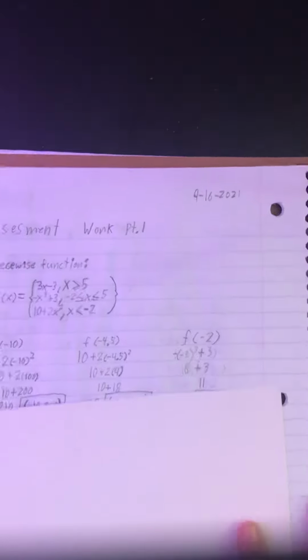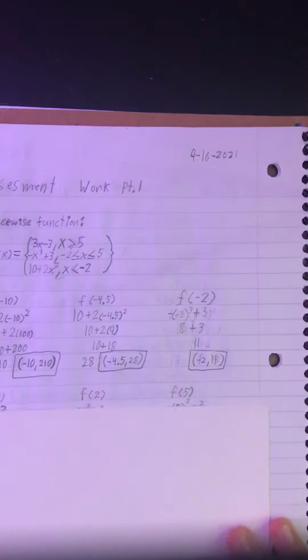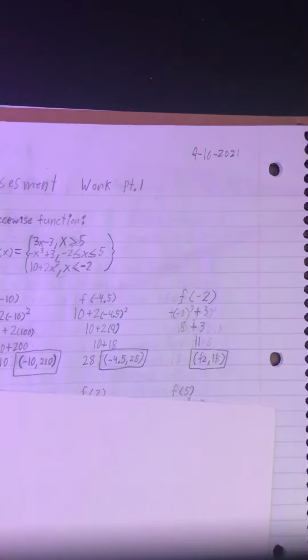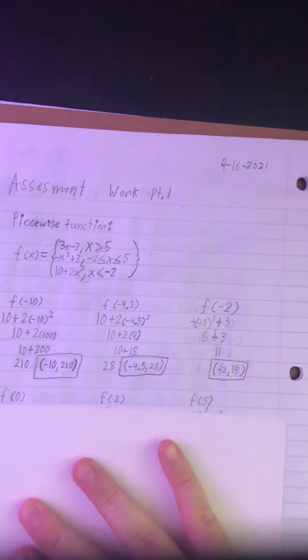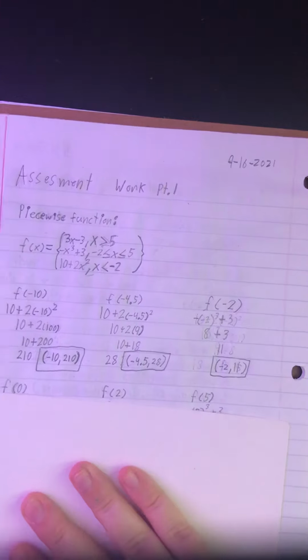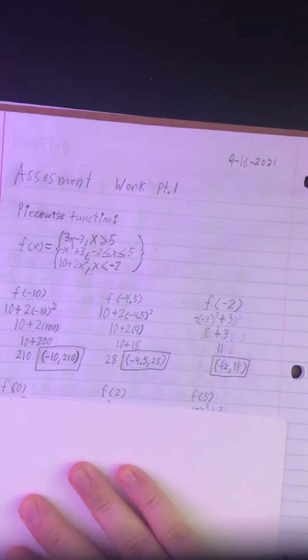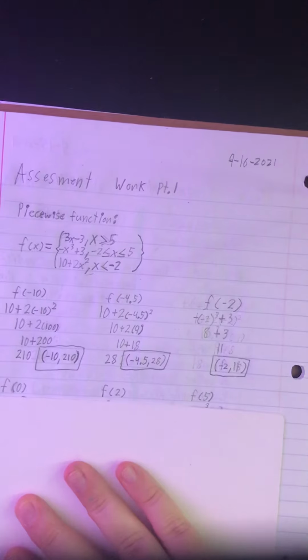Looking at our next x value, we have f of 0. So 0 is not greater than 5. 0 is not less than negative 2, so we're going to be using the second equation again. Negative 2 is less than or equal to 0, and 0 is less than or equal to 5.